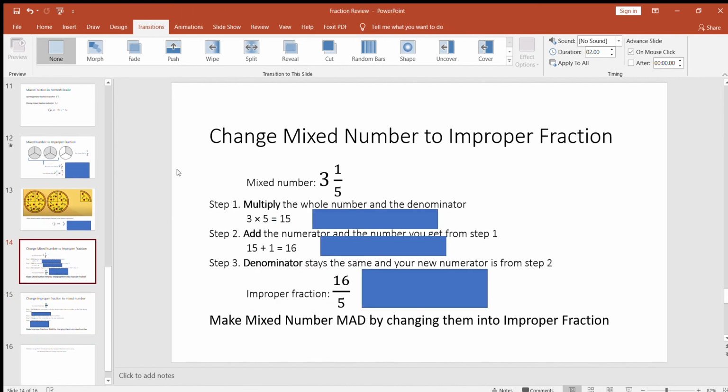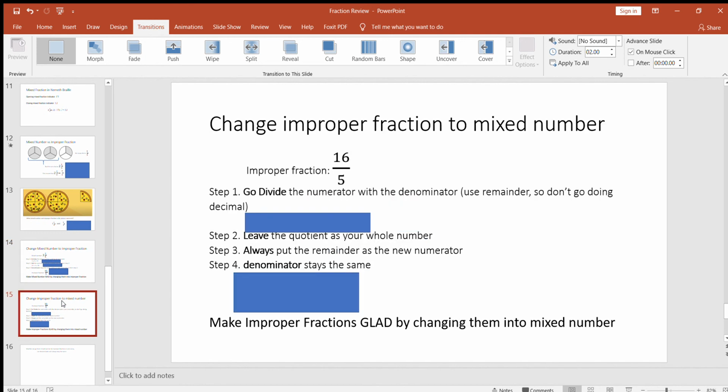If we can go from mixed to improper, can we go the other way? Can we go from improper to mixed? And the answer is yes. Yes, we can. So let's start with our improper fraction, 16 over 5. We have 4 steps for this one.